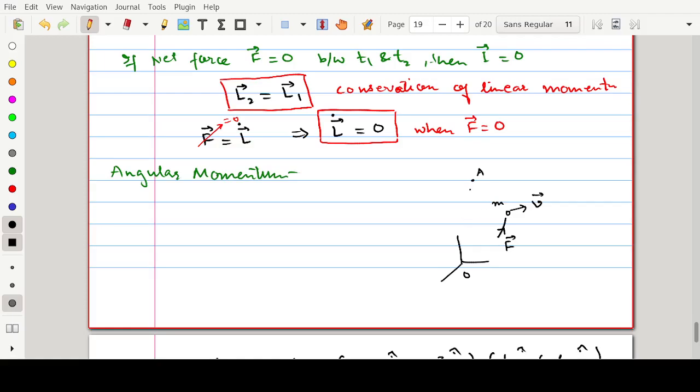Right now we are not saying that it is fixed, so it is just any point A. The position of this point A, let us denote by RA. So let me first draw all the vectors.